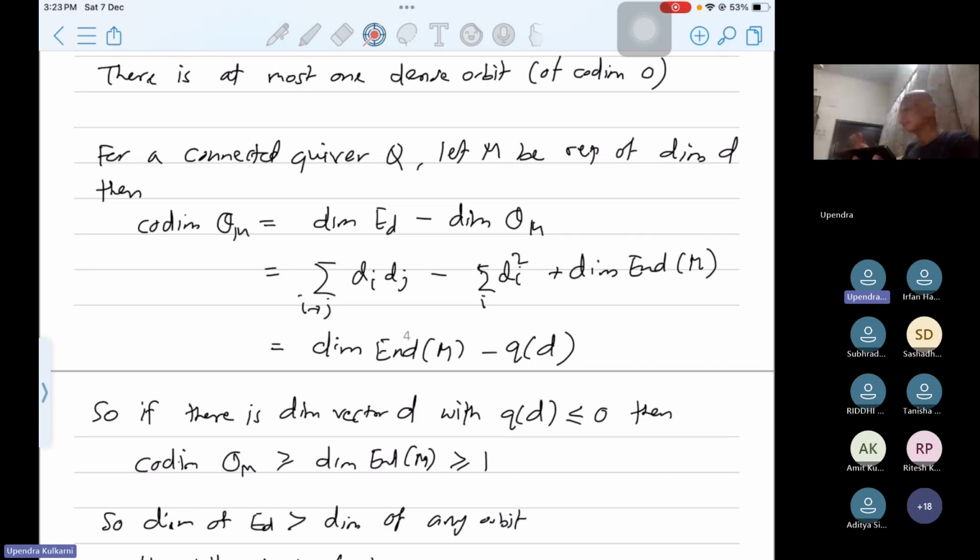This is like saying that a vector space is not a finite union of proper subspaces, provided your field is infinite.